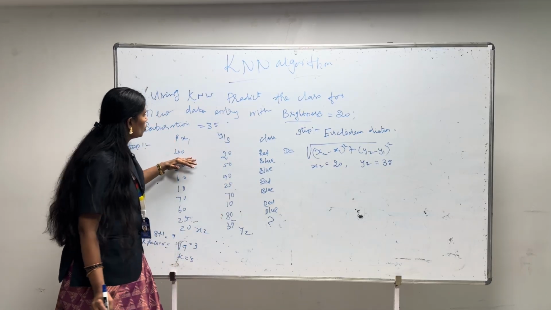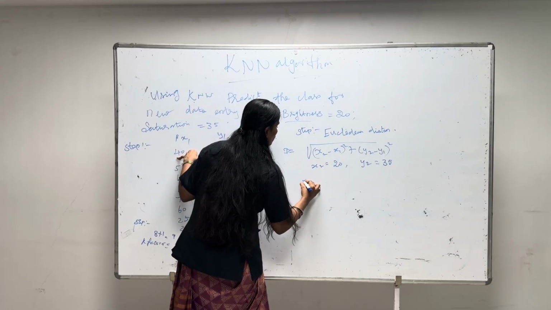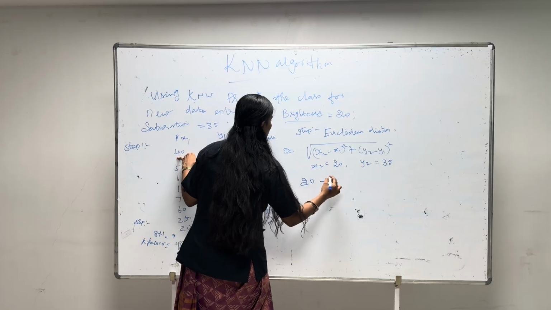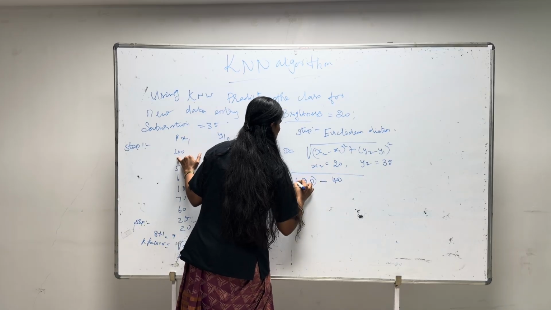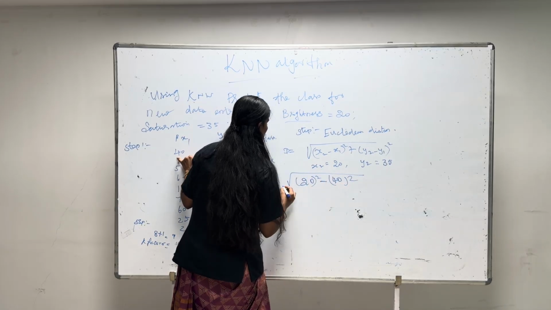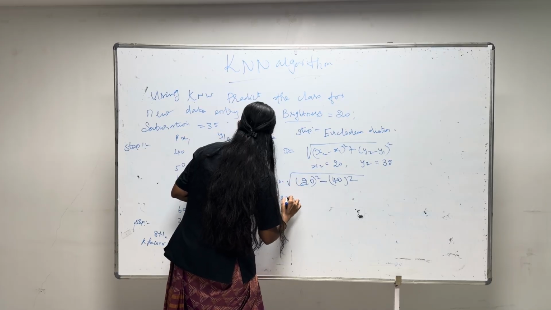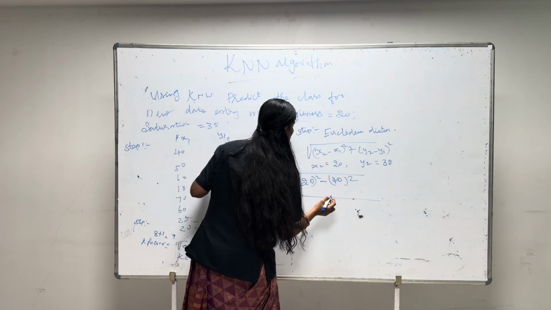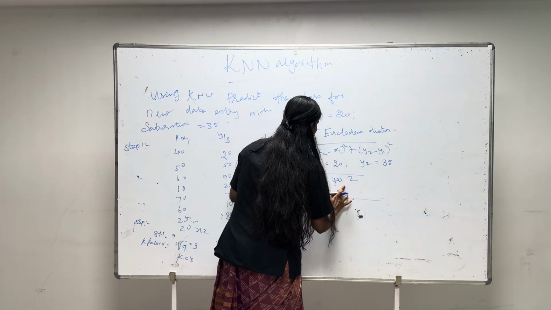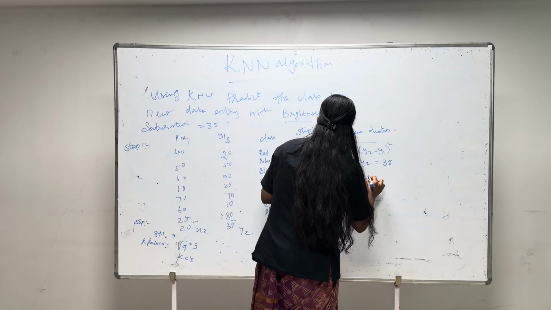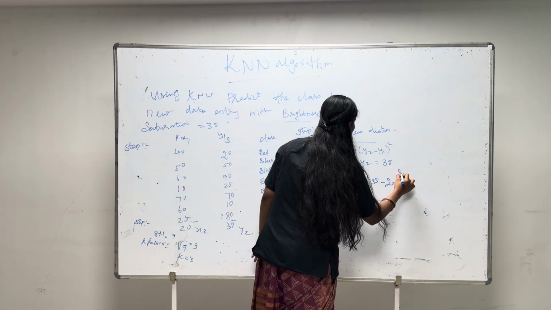So we are going to find it for each of the values. The first one, for x2, the value is 20 minus 40, and we will take this as A. Then 20 minus 40 whole square plus the y2 value, 35 minus 20 whole square.